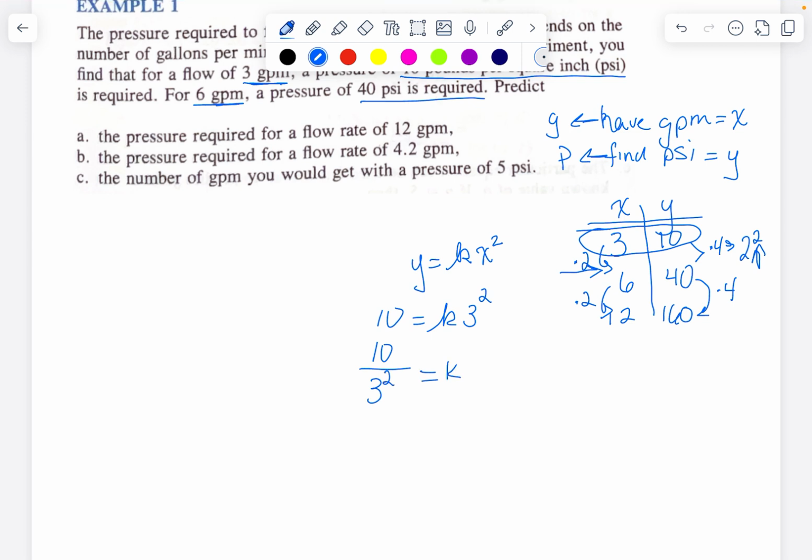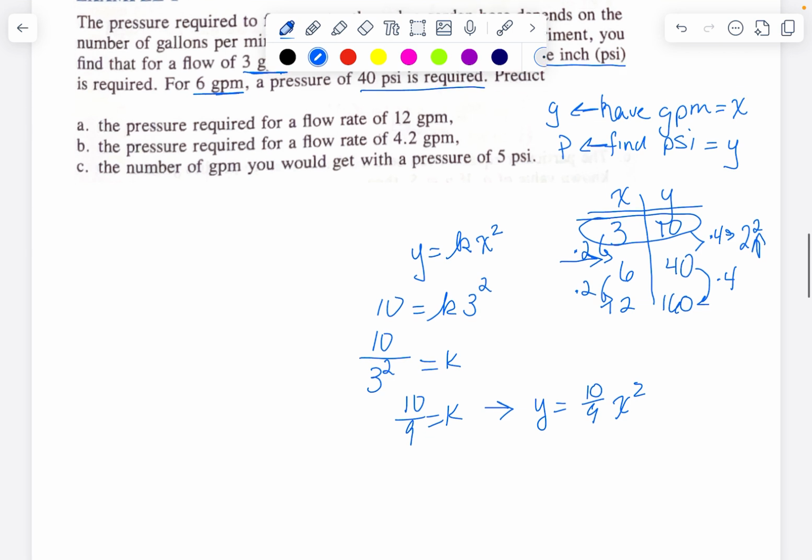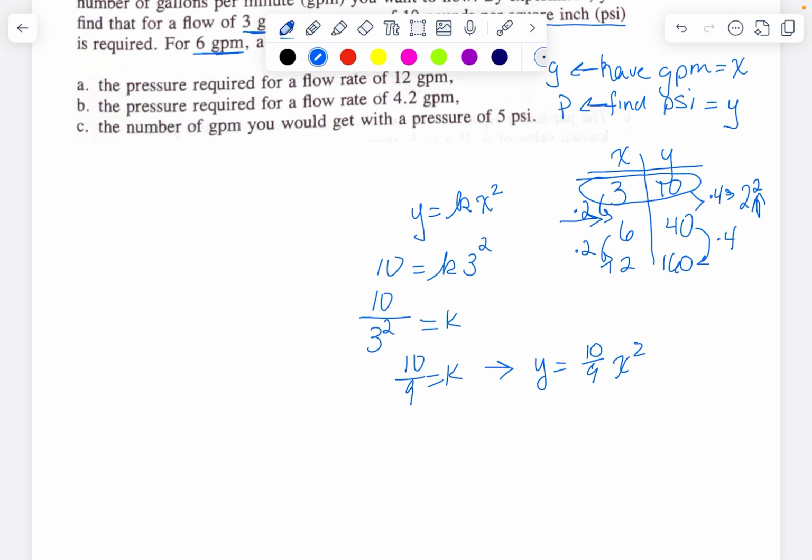I can see that 10 over 9 equals k, which means my particular equation, my equation for this problem, is y equals 10 over 9 times x squared. And now I have a model for this type of problem. I can use this to predict what kind of pressure I'm going to need to get 4.2 gallons per minute out of that hose.